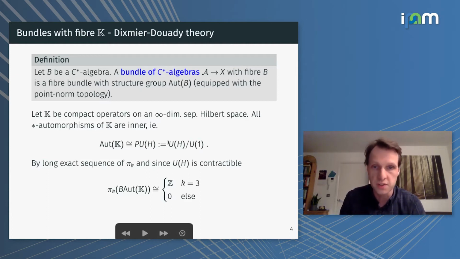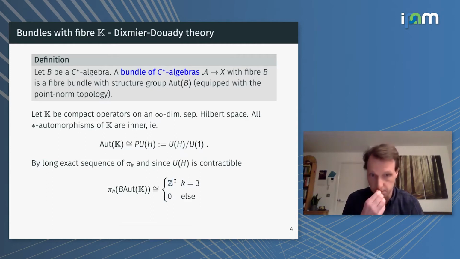Since this is the quotient of U of H by U1, you can work out the homotopy groups of the classifying space. It turns out that since the group U of H, of which this is a quotient, is contractible, this only has one non-trivial homotopy group, which sits in degree 3 and is the integers, and all the other homotopy groups are trivial.